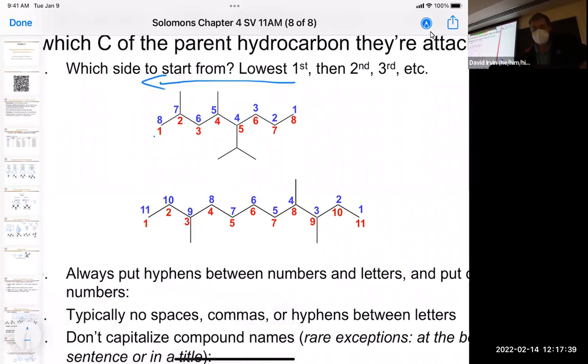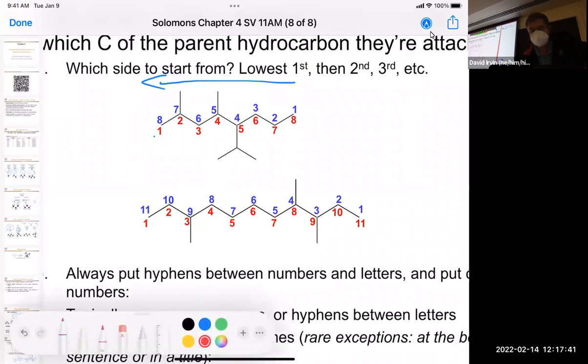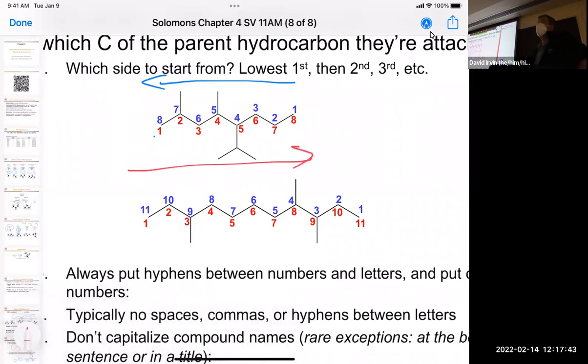But if we number it from left to right, our first substituent's on the number 2, our second substituent's on the number 4, and our third substituent's on the number 5. So those are lower numbers for the placements of the substituents. We want to make sure that we do that, so we go for the lowest number possible.